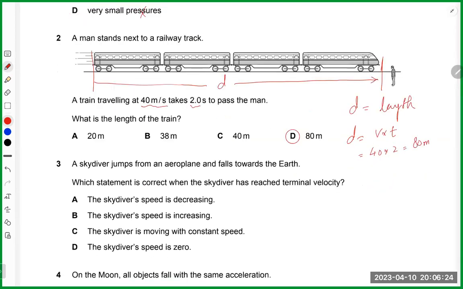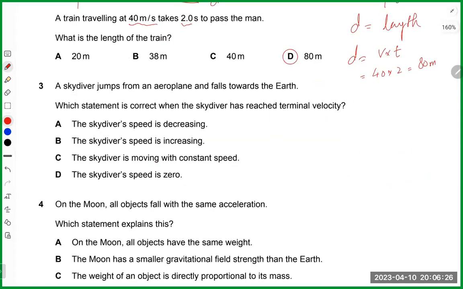Now, a skydiver jumps from an aeroplane and falls towards Earth. Which statement is correct when the skydiver reached the terminal velocity? I haven't read the options yet, but whenever I hear this term, terminal velocity, I know that this is where the weight and air resistance are balanced. Air resistance has to be equal to weight, no net force, no acceleration.